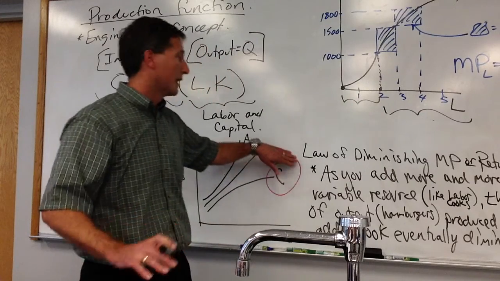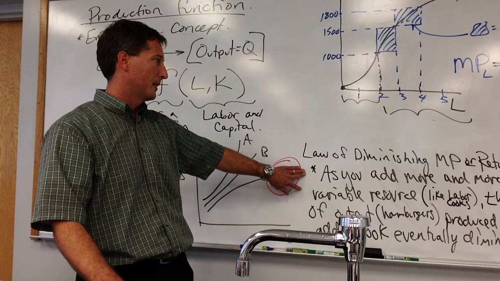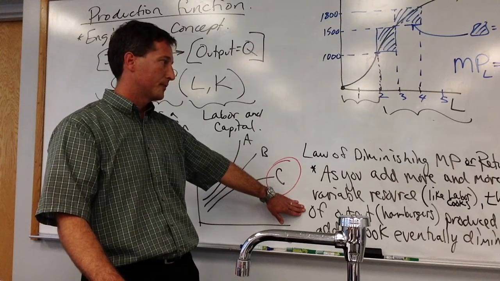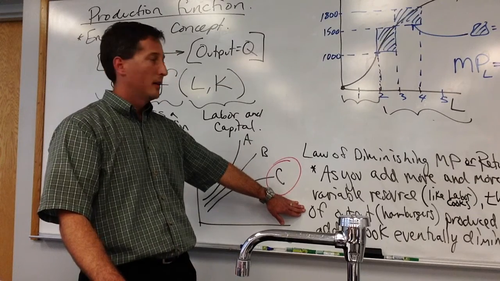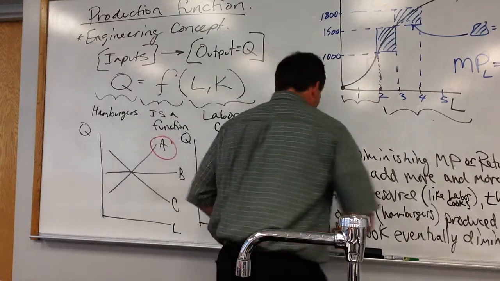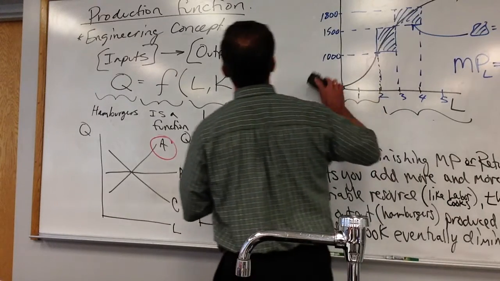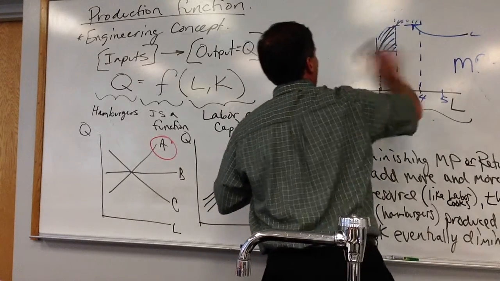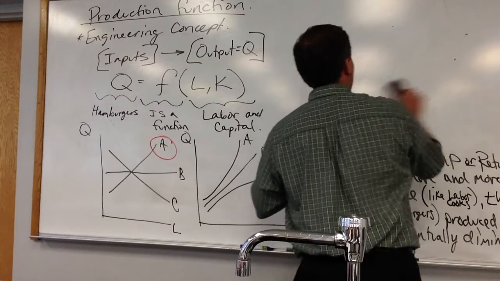Sorry, I got a little low here, guys. As you add more and more of a variable resource, like labor, the amount of output, hamburgers, produced by each additional cook eventually diminishes as long as one resource is fixed. I'll add that back up here, because that's an important feature to this, or kind of a key feature.